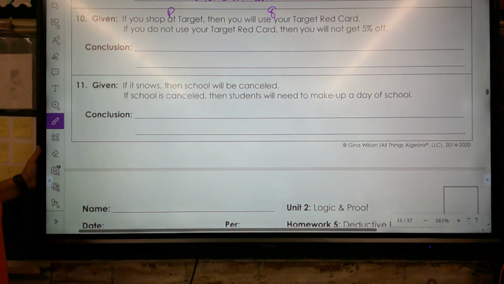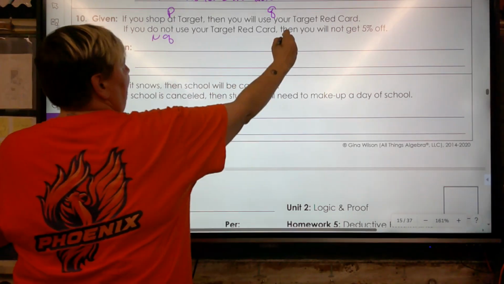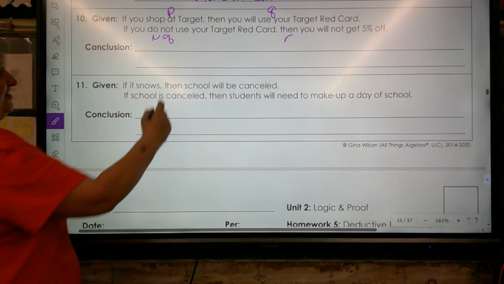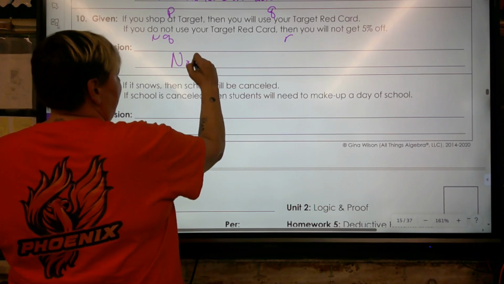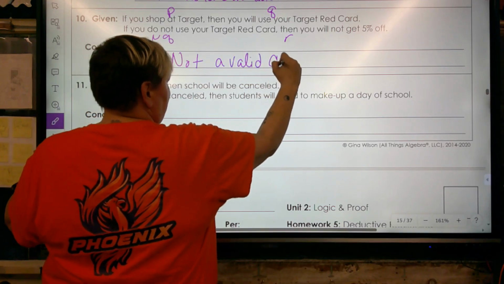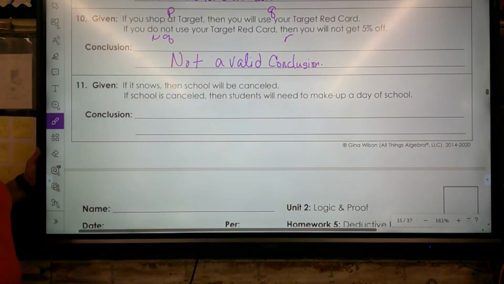P, Q, not Q, R? That's not pattern. There's not enough information there. Not a valid conclusion. You cannot draw a valid conclusion on that. There is no valid conclusion there.